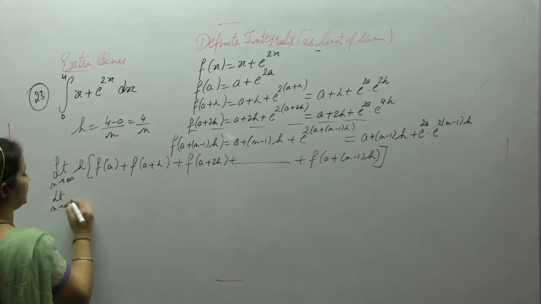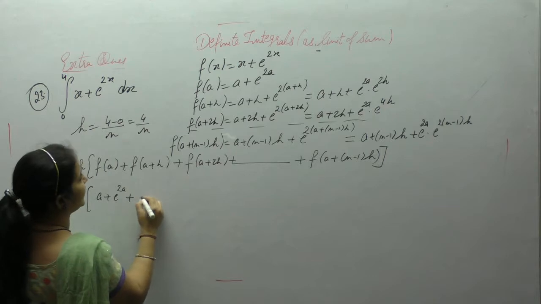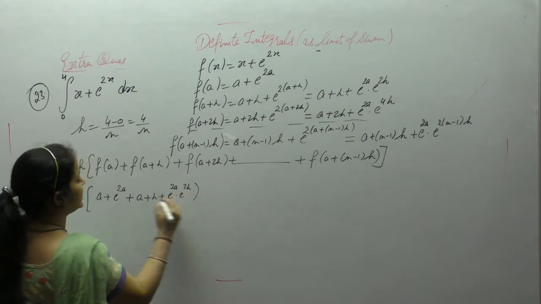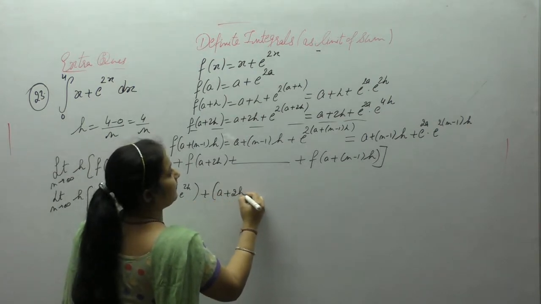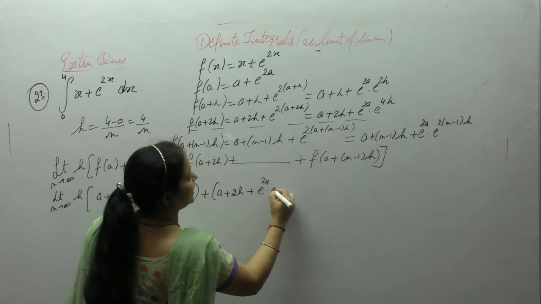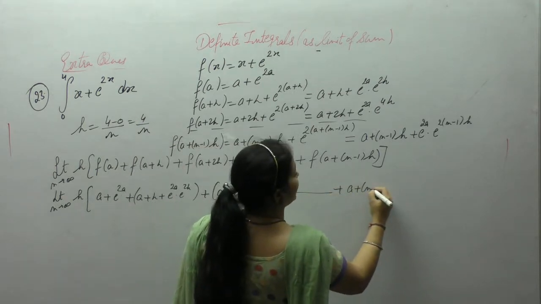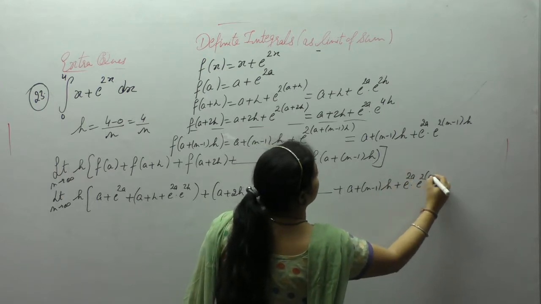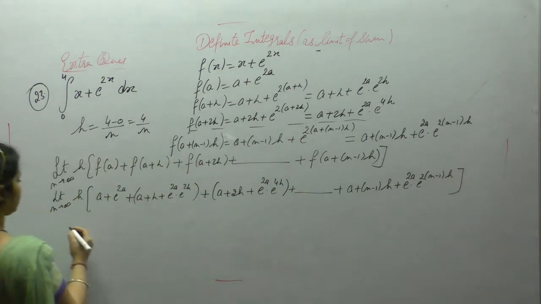Limit n tends to infinity, h times: f(a) is a plus e^2a, then a plus h plus e^2a into e^2h, then a plus 2h, e^2a into e^4h, so on up to a plus (n minus 1) into h, e^2a into e^2 times (n minus 1) into h.